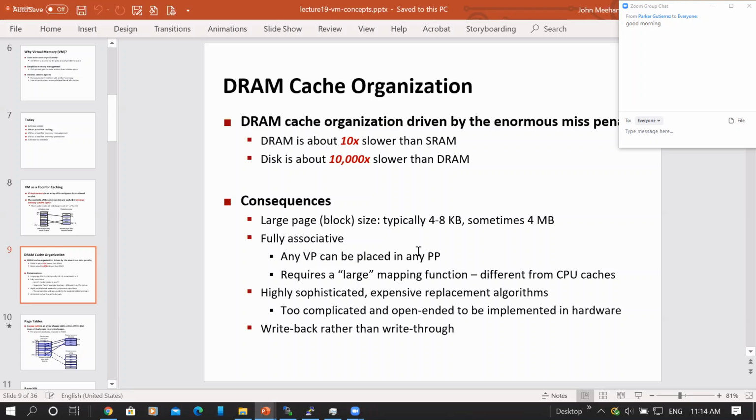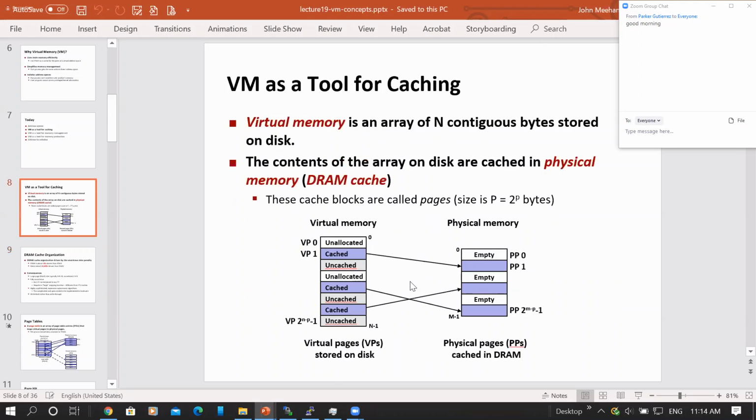And if you thought of it as a cache, it would be a fully associative cache, because it makes absolutely no difference if I take some slice out of a process's virtual address space. It doesn't make any difference which page of physical memory I put it in, right? So it's completely associative from that point of view if you're thinking of it as a cache of the stuff that's on the disk there, right?